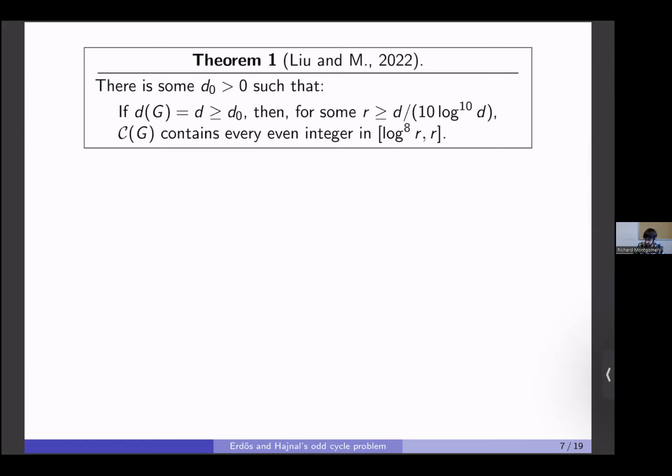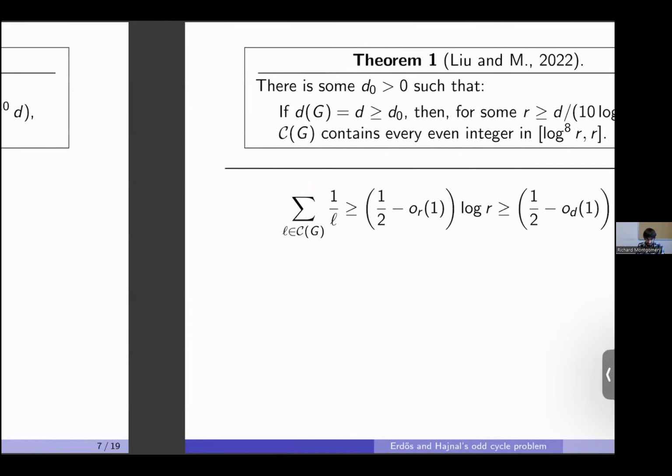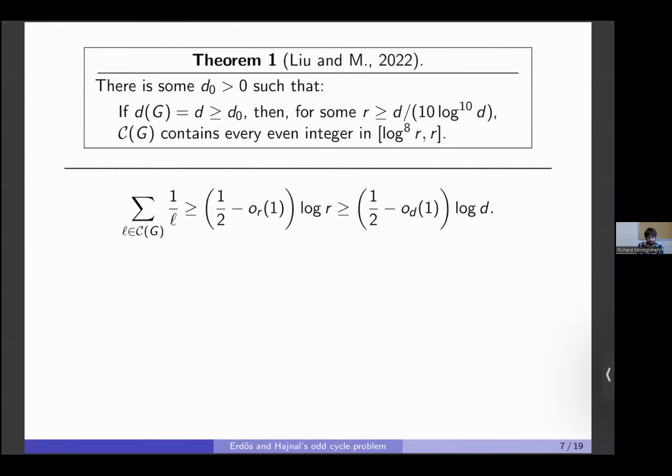So let's see what it says on the previous questions. First of all, we know we contain every even integer in that sequence there. If we sum the reciprocals in that interval, then we get around log r. And then we're only hitting the even ones, so we get about half of that.